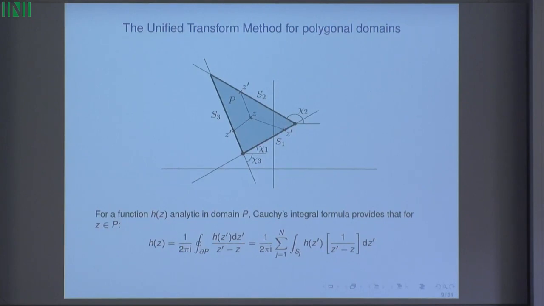Then we split this integral into a sum of integrals along each boundary side. For each side, we are going to replace this Cauchy kernel by the exponential that I showed you in the previous slide.